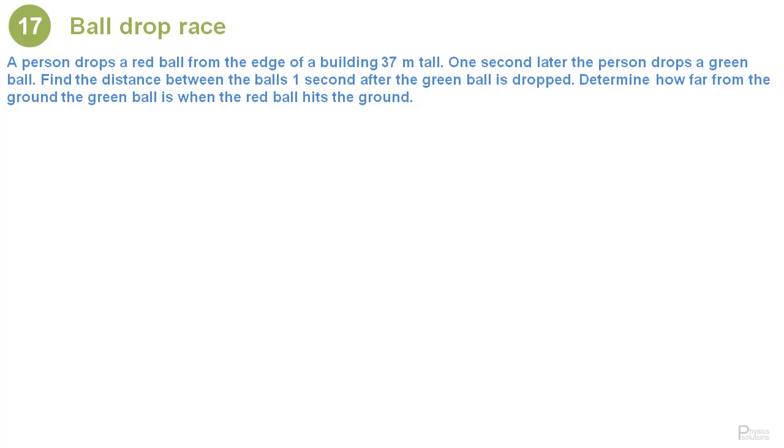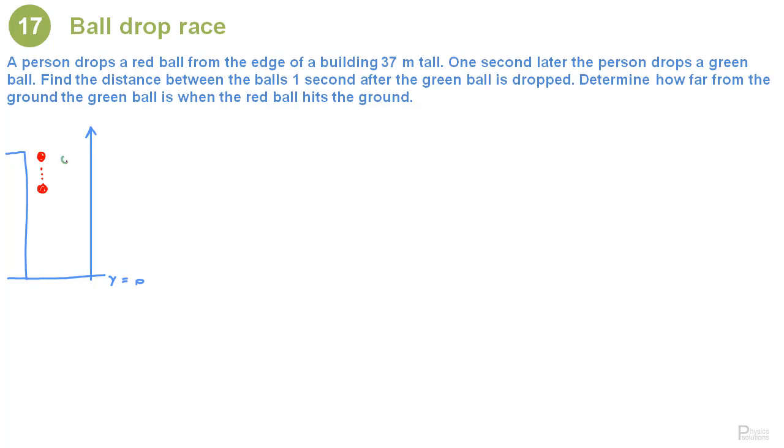As usual, we start drawing our cartoon with our coordinates, our y-axis. We draw the ground, so this is y equals 0. We also draw the edge of the building, and there will be two objects falling in this case. A red ball will be dropped, and when this ball has been going down for 1 second, a second ball will be dropped.